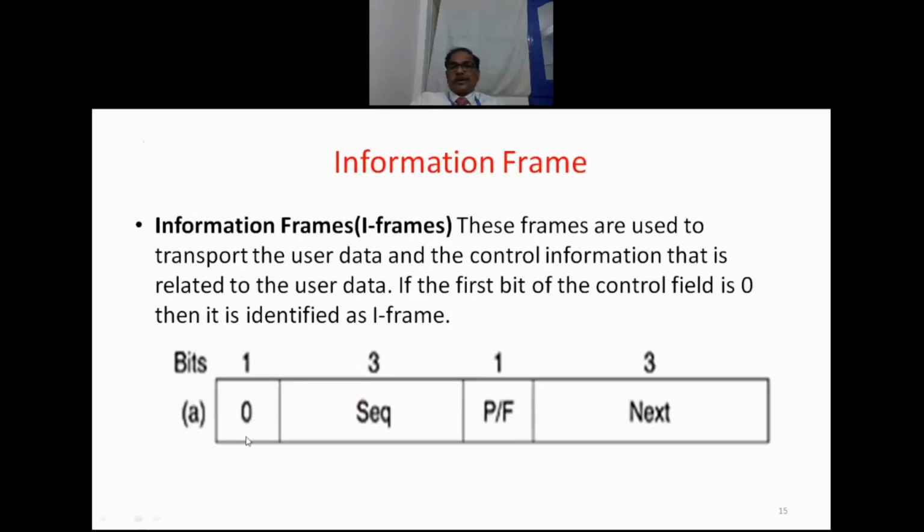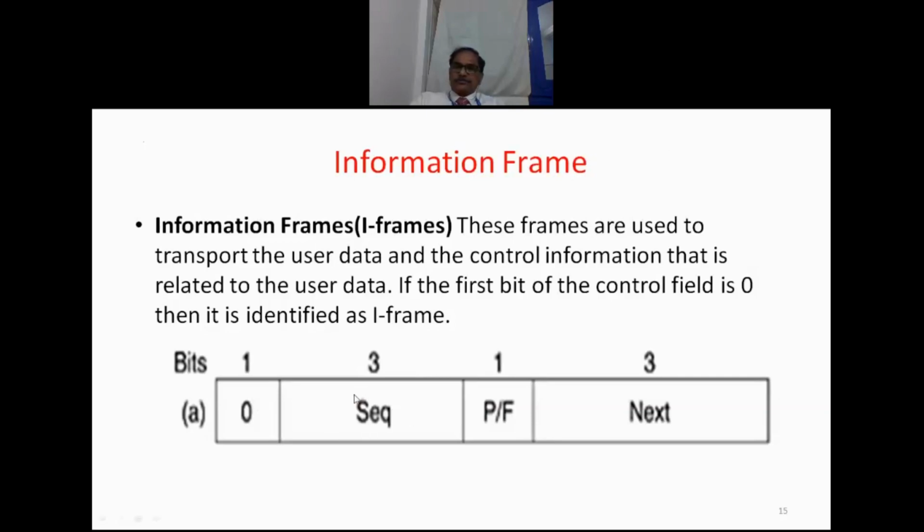If the first bit is 1, then the frame can be either supervisory or unnumbered type.